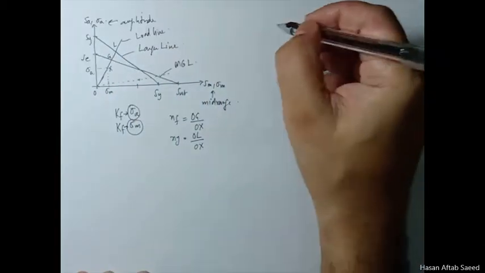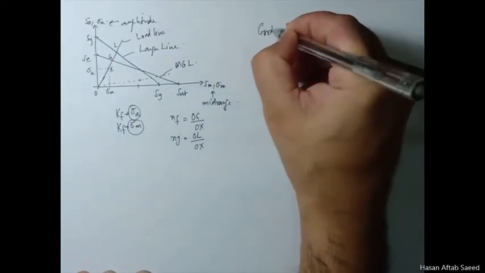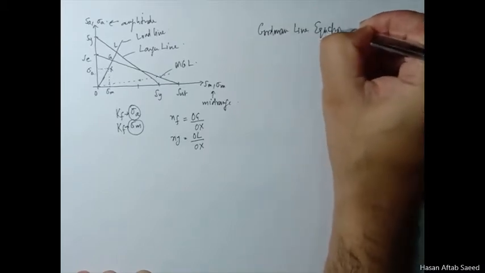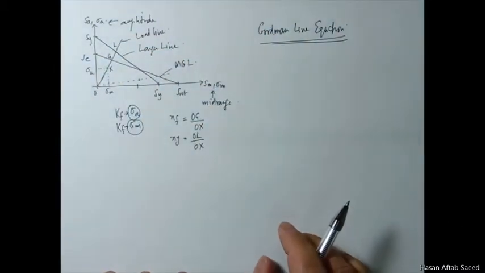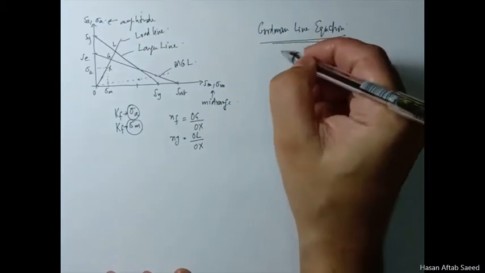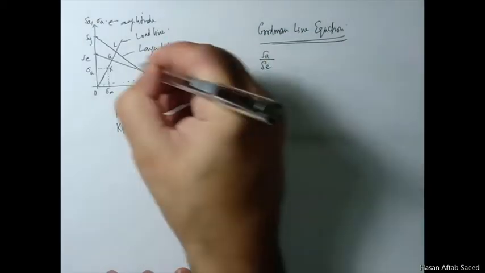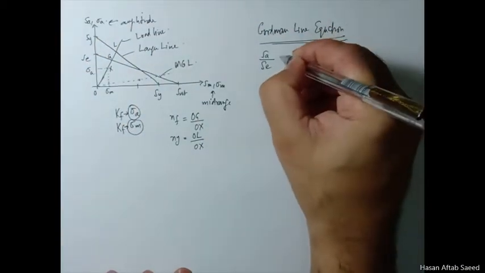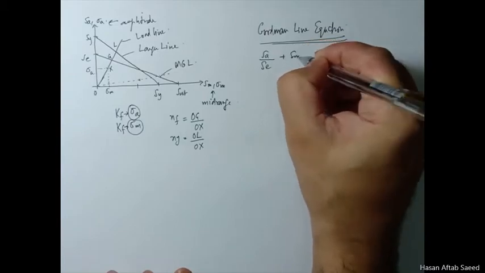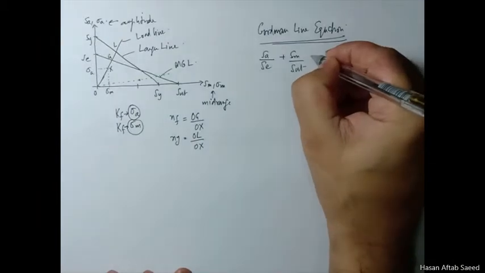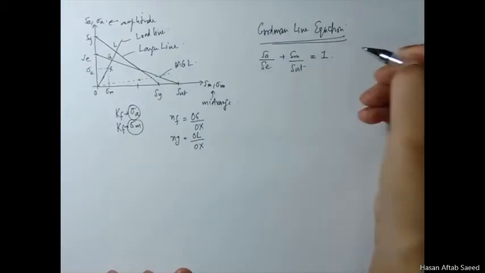So let's coin the equations for the Goodman failure line equation, and because it's a straight line, it's very easy to see that the equation is SA over SE, we'll talk about this point, plus SM over SUT, because we have two lines, is equal to 1.